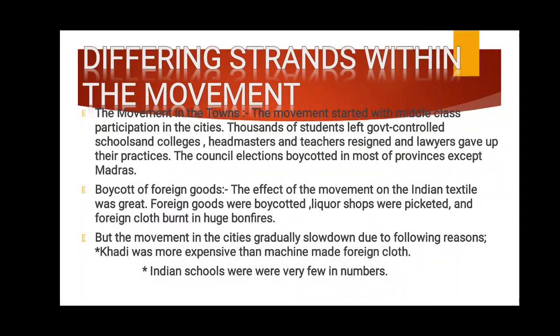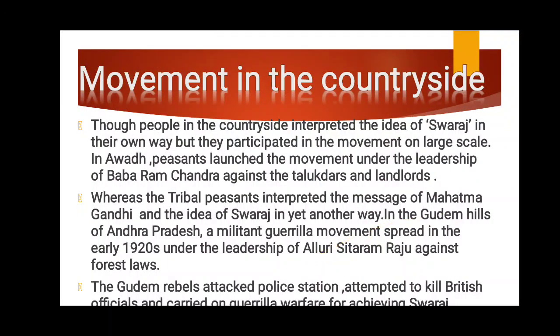Now the movement in the countryside. Though people in the countryside interpreted the idea of Swaraj in their own way, they participated in the movement on a large scale. In Awadh, peasants launched the movement under the leadership of Baba Ramchandra against the talukdars and landlords. The tribal peasants interpreted the message of Mahatma Gandhi and the idea of Swaraj in yet another way.